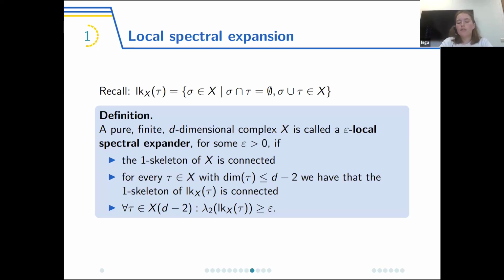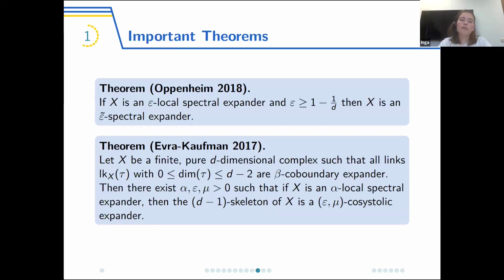So that's all something we can handle. And then we can use a very nice theorem from Oppenheim from 2018, where he proved that if we have a local spectral expander where the expansion constant is large enough, then the simplicial complex is actually also a spectral expander in this cohomological Laplacian sense.